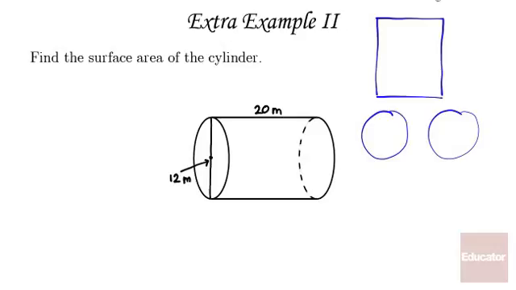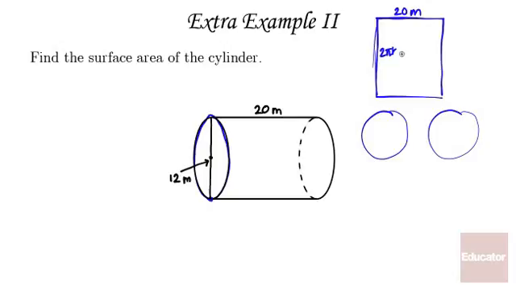Now, this I know is 20 meters. Then to find this measure here, okay, that's just from here, going all the way around. Okay, that's, remember, circumference. So this is going to be 2 pi r.